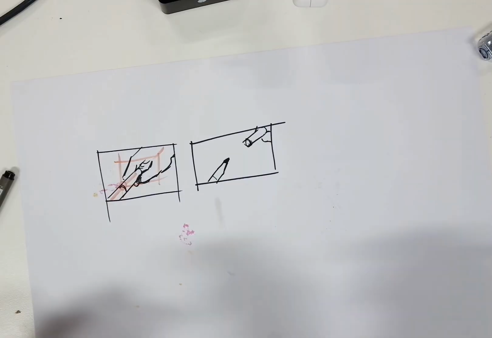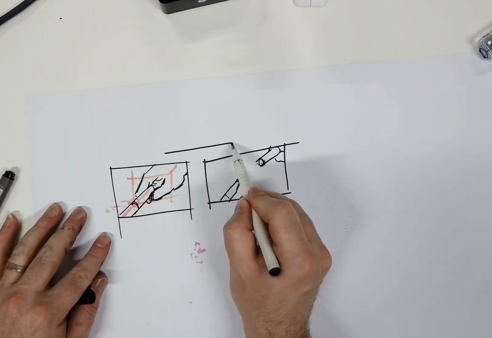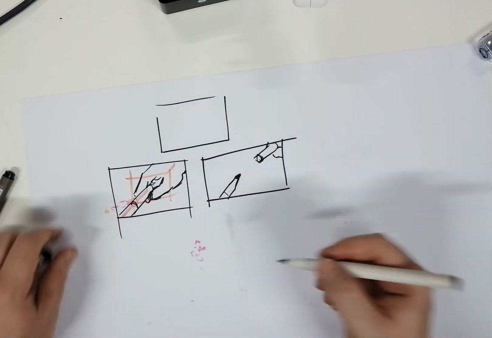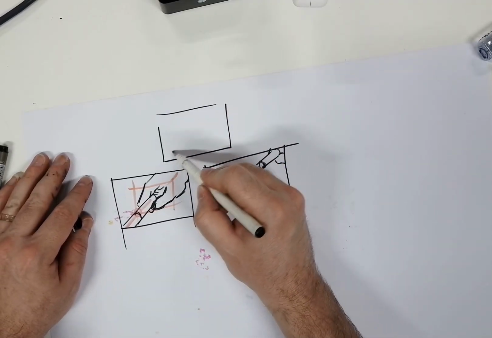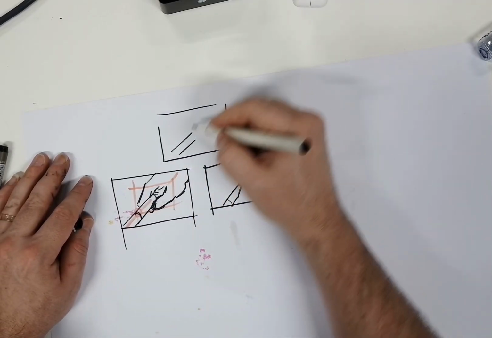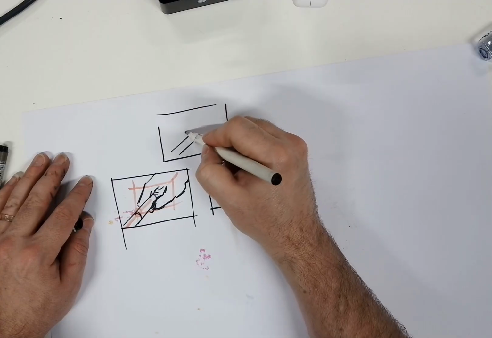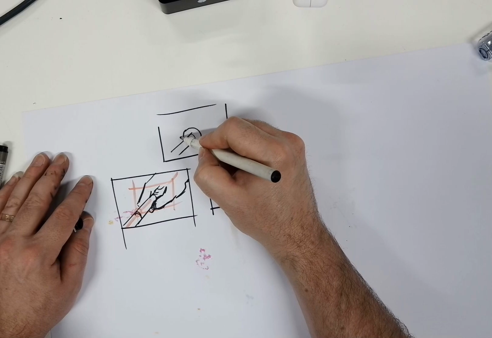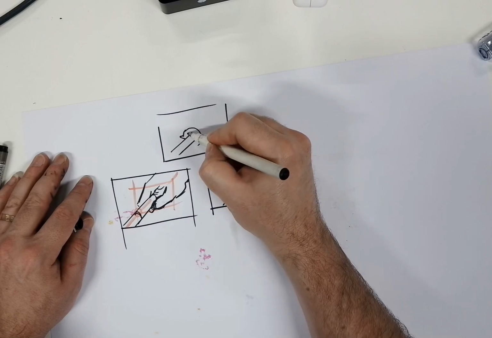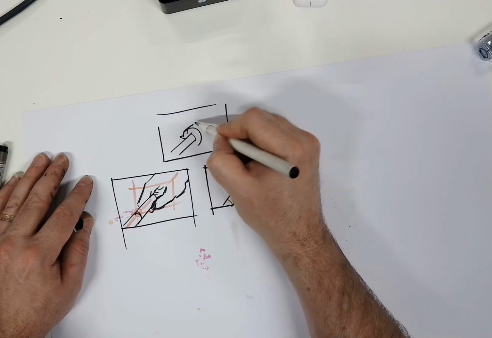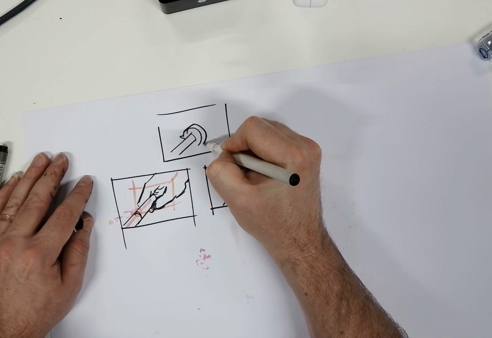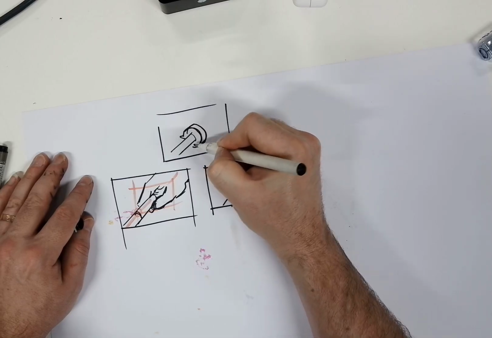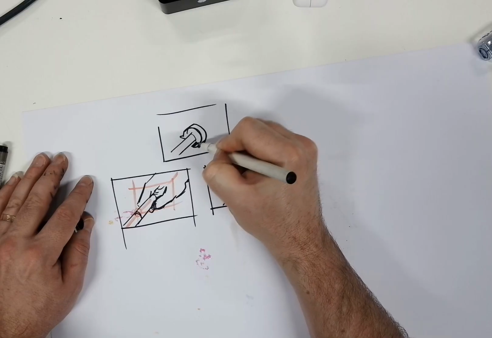However, if this lid is a tricky lid and doesn't just pull off, if it screws off, then we would need another frame here like this, indicating that it's screwing off, making sure to draw our arrow in the perspective of our pin, something like that.